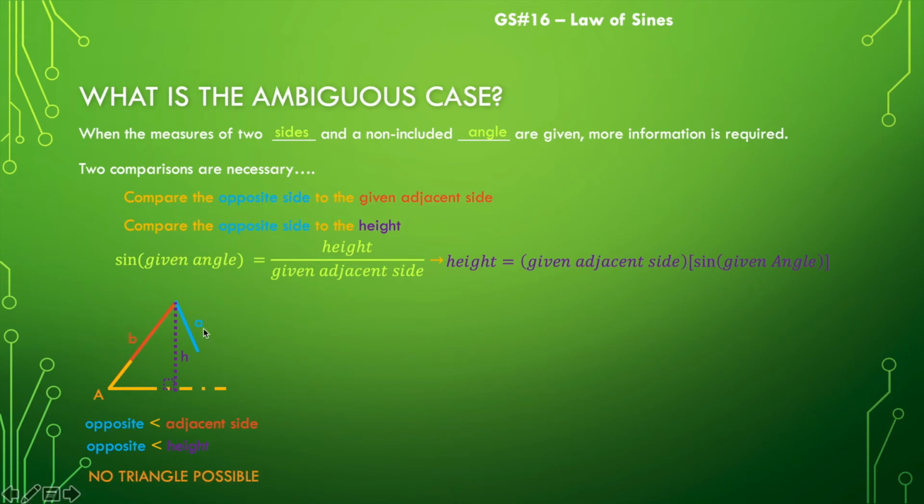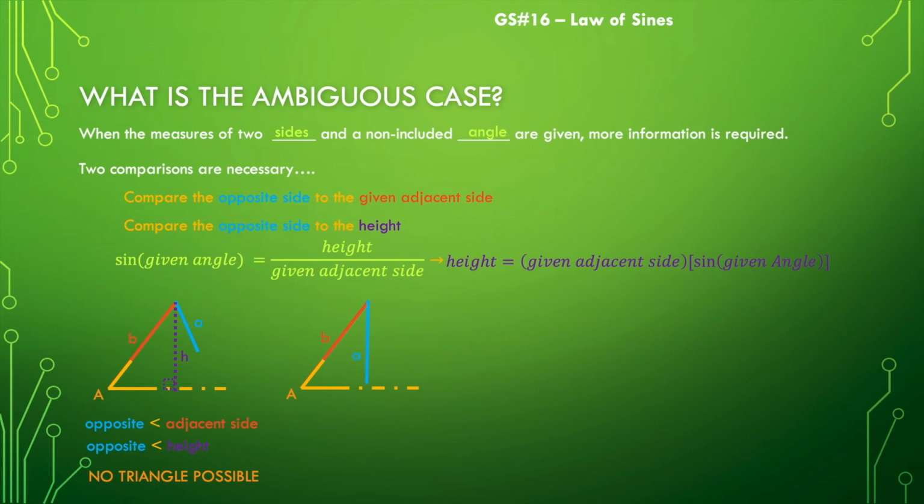Look at this. Is there any way I can stretch this side and make a triangle? Well, not if this is shorter than the height. All right, so that's one possibility. The second possibility looks kind of like this. Here's that angle A again and our adjacent side B again.